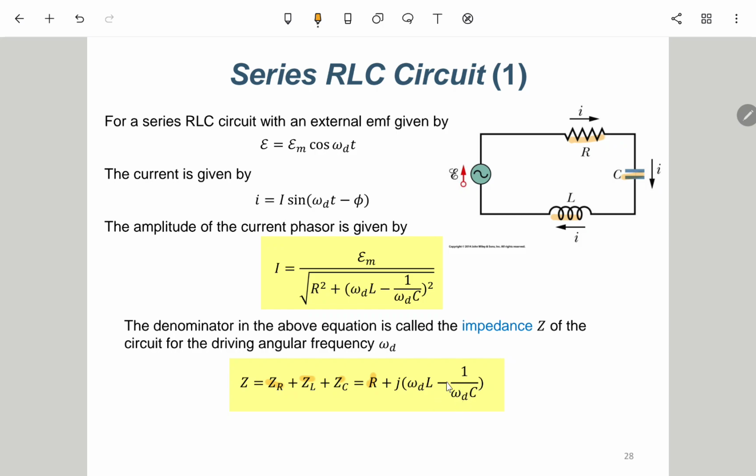So we have negative j over omega_d C, because Z_C is 1 over j omega C. If you multiply by another j, j squared is -1, so it becomes negative j over omega C. If we collect together, the real part is only related to the resistance, and the imaginary part is related to both the inductor and the capacitor.